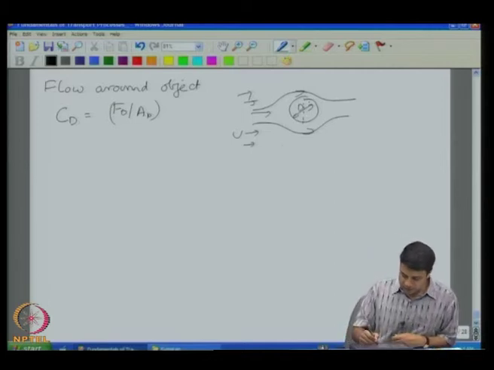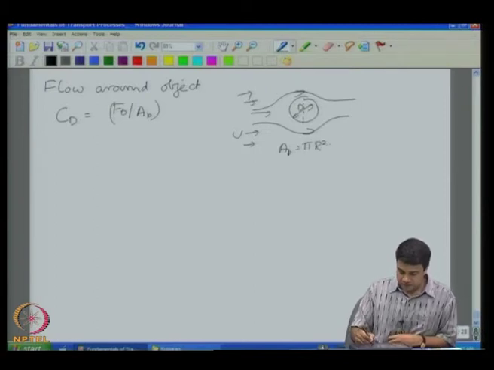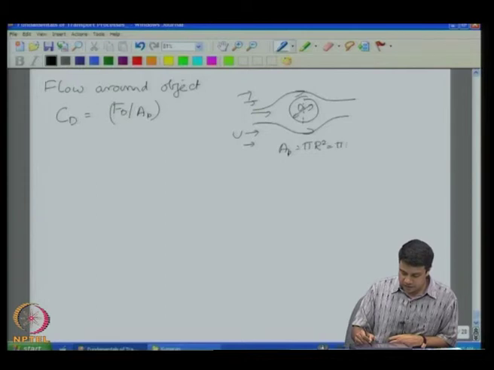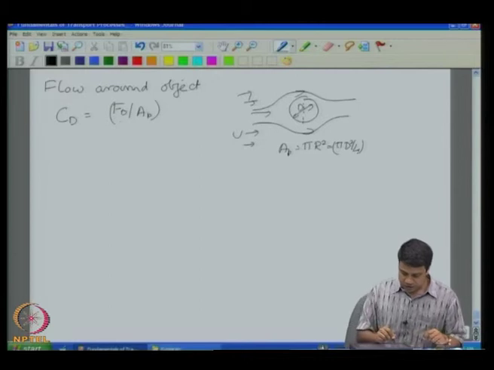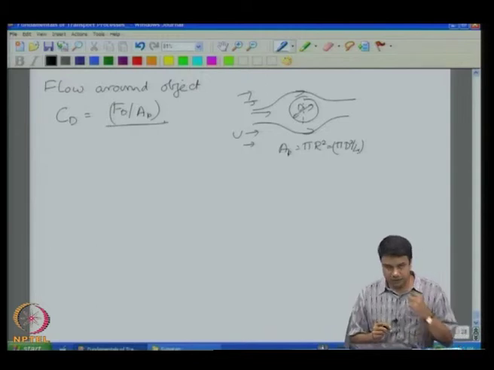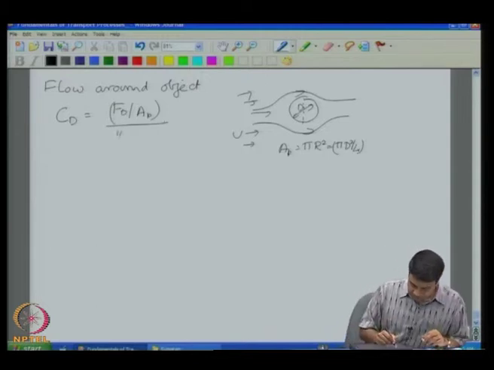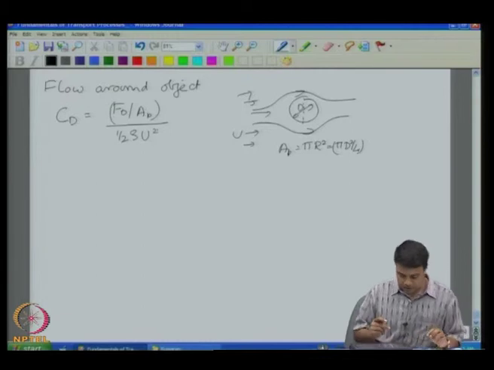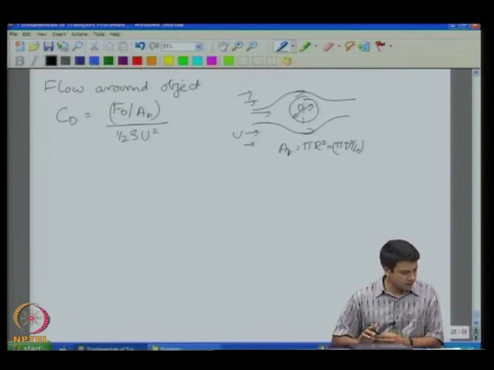In this case the projected area is pi r square, where r is the radius of the sphere, so it is pi d square by 4. The force divided by projected area is a measure of the stress, and this is divided by half rho u square. That is how the drag coefficient is defined.